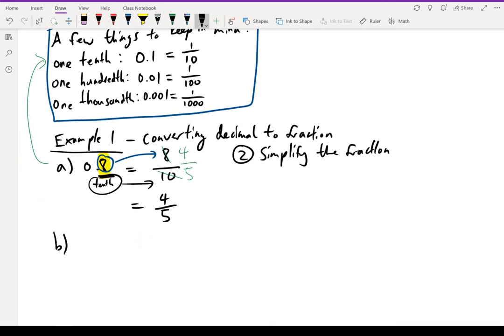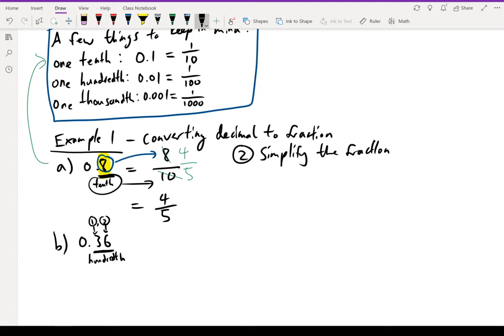Now for part B, you'll see that I'm doing this in a trend, 0.36. This time, there are 2 decimal places. So the smallest place value is the 100th place. Or another way to count it is 1 decimal place, 2 decimal places.